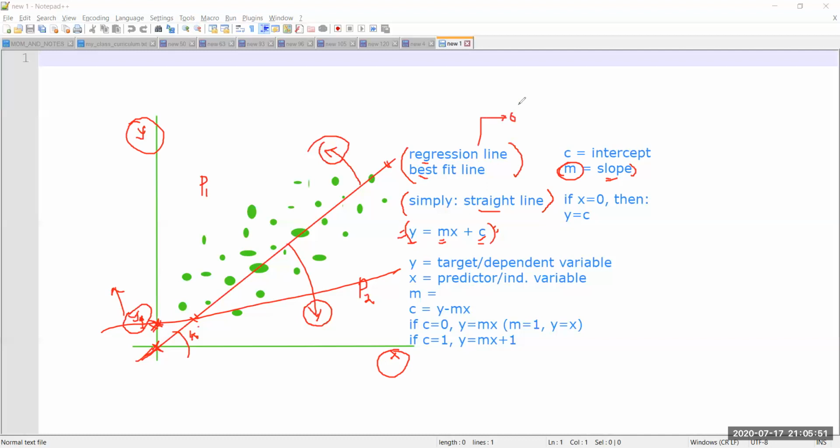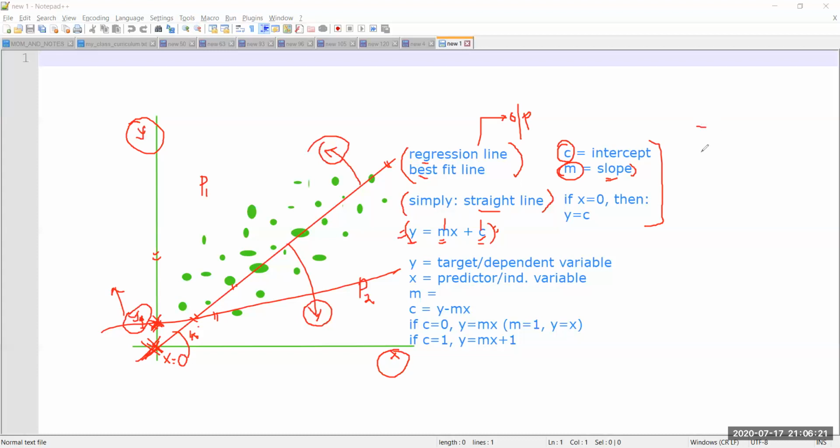This is my output, this is my expectation. And there is this value c, which is my intercept, right? Intercept is where my best fit line cuts the y-axis when the value of x is equal to 0, right?